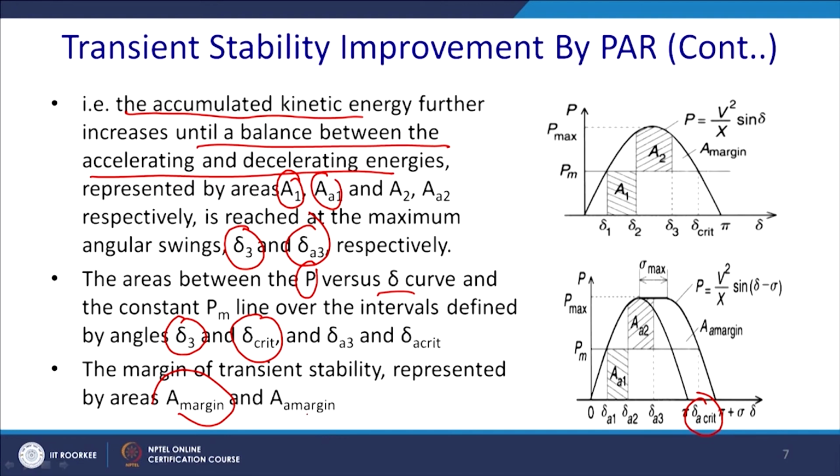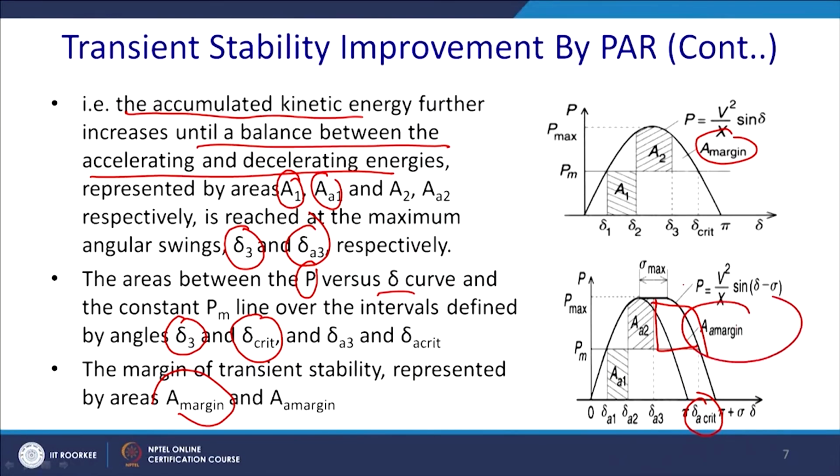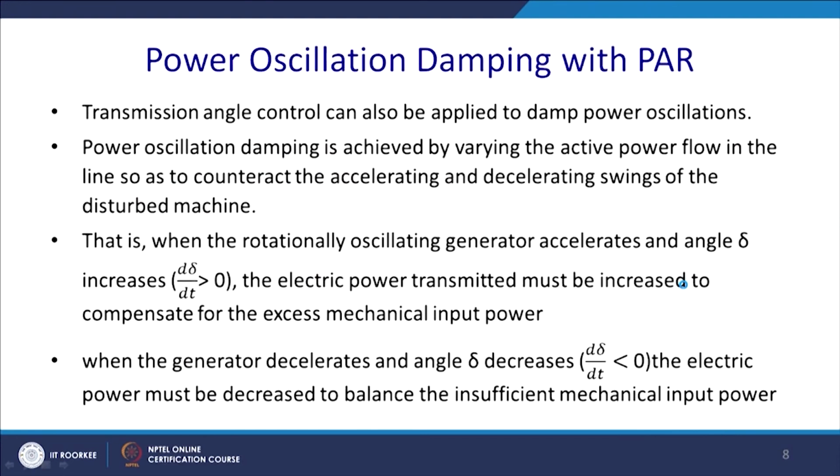So, this is basically the A margin. You can see that this is the limit of the stability, and here this big area is A margin, which is actually quite enhanced. Thus, similarly, it can mitigate the oscillation.